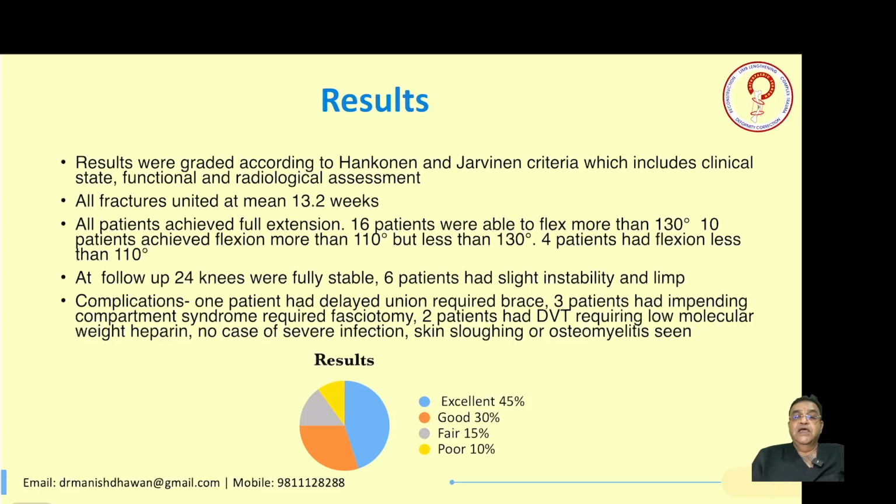I think if patient is immobilized for a long time or is not walking, it is better to give DVT prophylaxis. But the benefit in Ilizarov is that you make the patient walk, so that you can control that. No case of severe infection, skin sloughing or osteomyelitis was seen. So we had around 45 excellent and 30 good, that is around 75% excellent to good results.